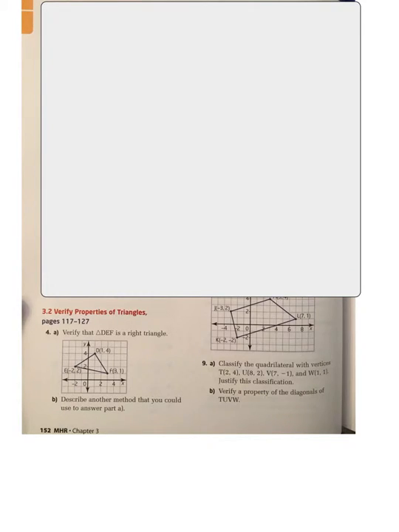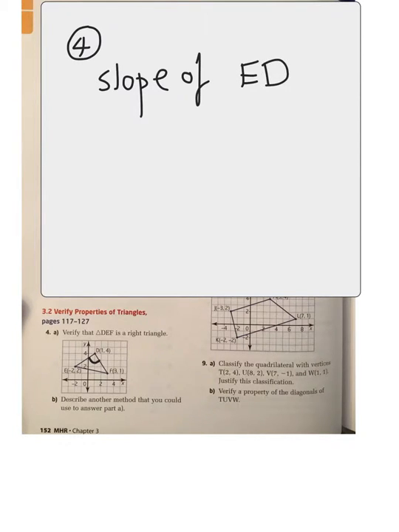So question 4 here, it says verify that DEF is a right triangle. So we're going to have to find, it looks like the right angle is here. So we're going to find the slopes of 2 sides, ED, and then you're going to find the slope of DF.